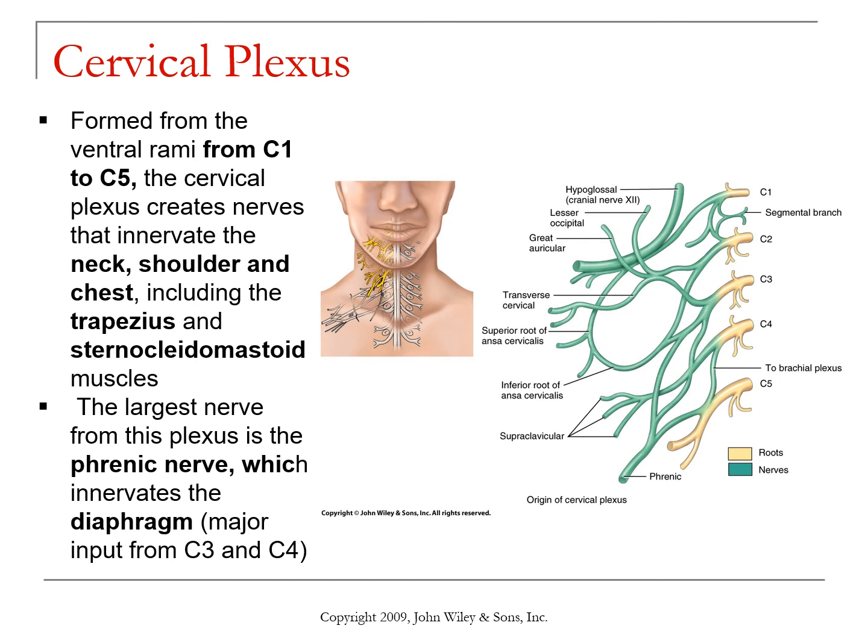Also coming out of this plexus is the phrenic nerve, P-H-R-E-N-I-C, and this nerve is so significant because it extends to the diaphragm skeletal muscle and is the nerve that signals the diaphragm for breathing. It originates from spinal levels C3 and C4, or spinal nerves C3 and C4.